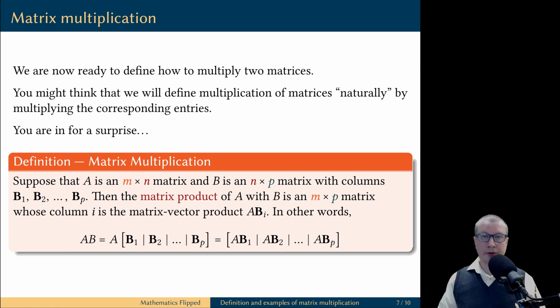Now, you may wonder, why come up with such a difficult, involved definition? Why do we define matrix multiplication in exactly this way? Well, it's not yet completely clear at this point why we do it this way, but let me give you a little teaser.